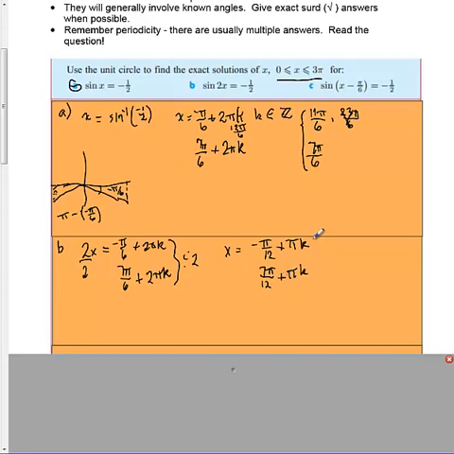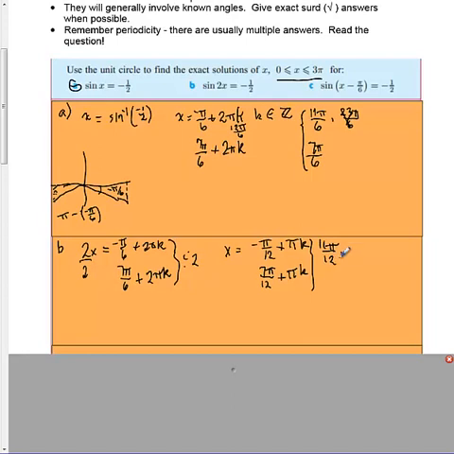So now we're going to do that and find which of these fall between 0 and 3 pi. So the first one here, when k is 0, minus pi over 12 does not work, but I'm going to add 12 pi over 12 to this, and that'll give me 11 pi over 12. That works. That's a little bit less than 1 pi.